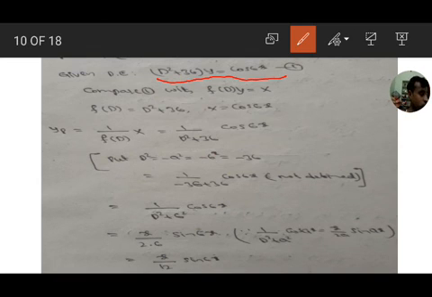Compare equation 1 with f of D of y equal to capital X. We get f of D equal to D square plus 36, X equal to cos 6x. So 1 by f of D capital X equal to 1 by D square plus 36 cos 6x, the particular integral.